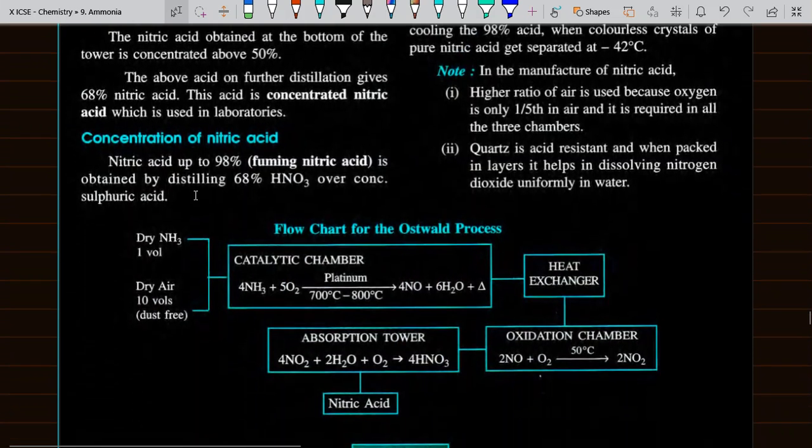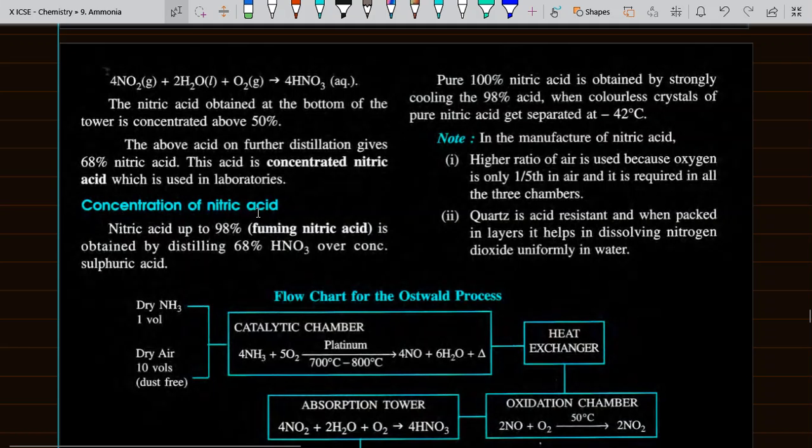Concentration of nitric acid up to 98% concentration. Fuming nitric acid is obtained by distilling 68% HNO3 over concentrated sulfuric acid. Pure 100% nitric acid is obtained by strongly cooling 98% acid when colorless crystals of pure nitric acid get separated at -42 degrees Celsius.